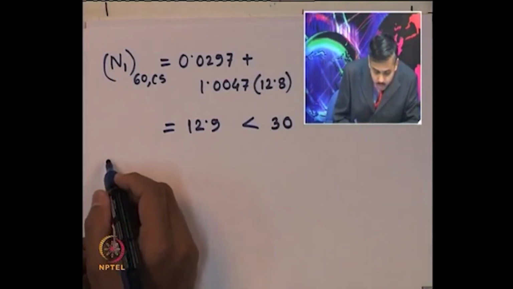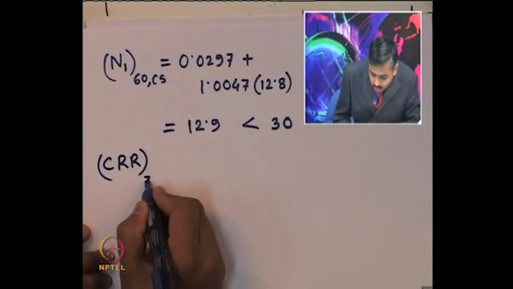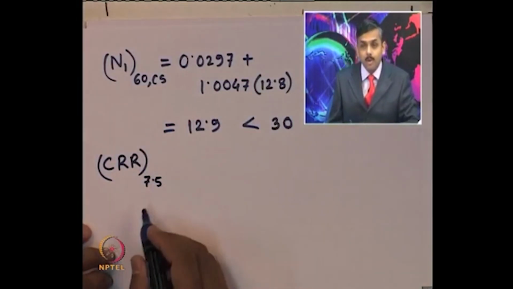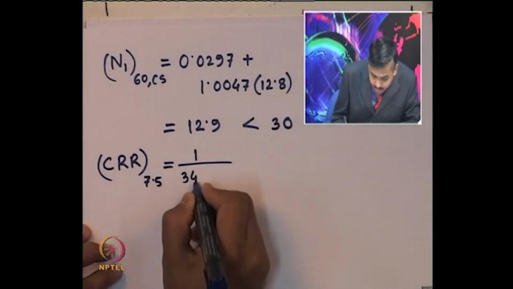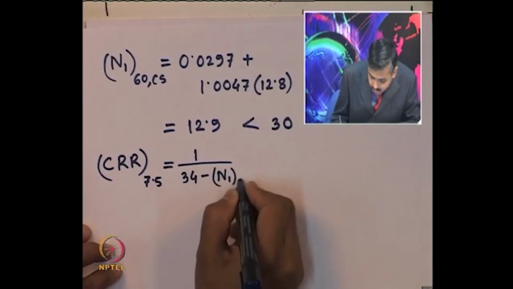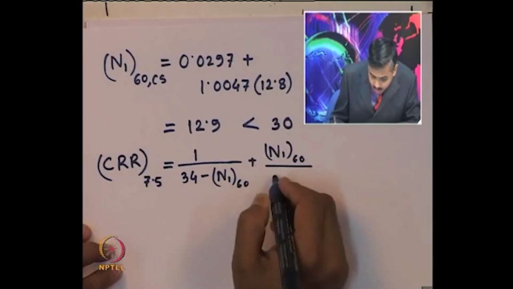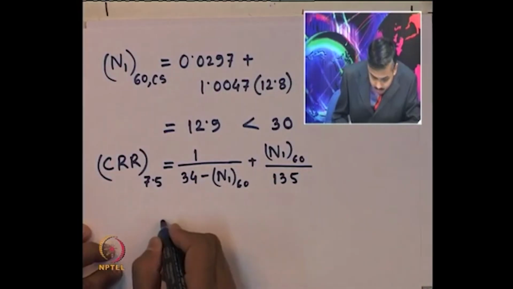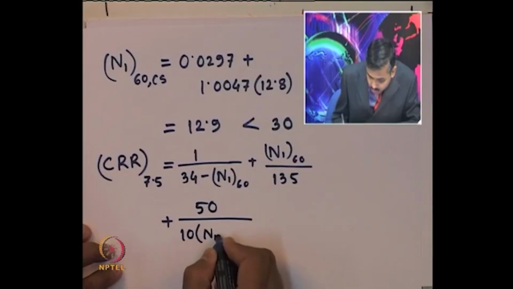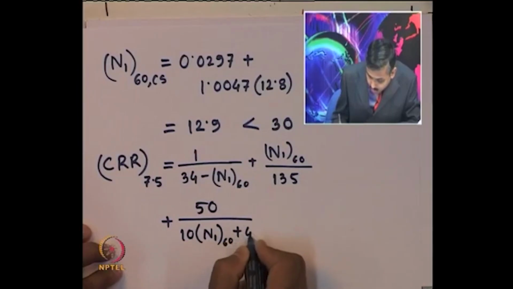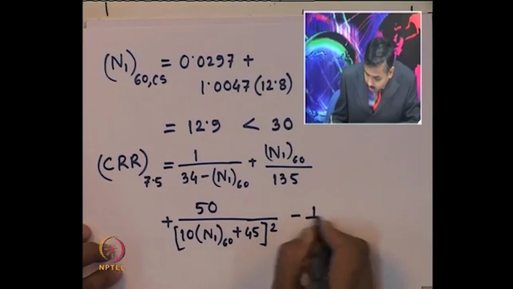So, now if we use the equation for CRR, that is cyclic resistance ratio at 7.5 moment magnitude of earthquake as given by Idriss and Boulanger in the paper, it is given as N160 by 135 plus 50 by 10 times N160 plus 45 whole square minus 1 by 200.